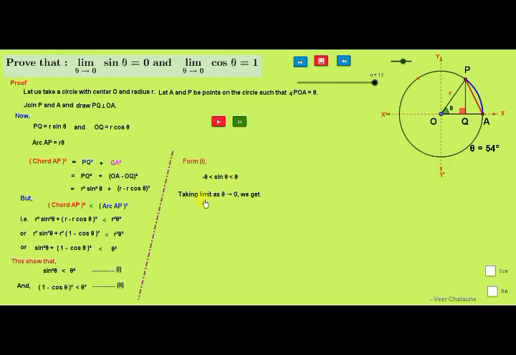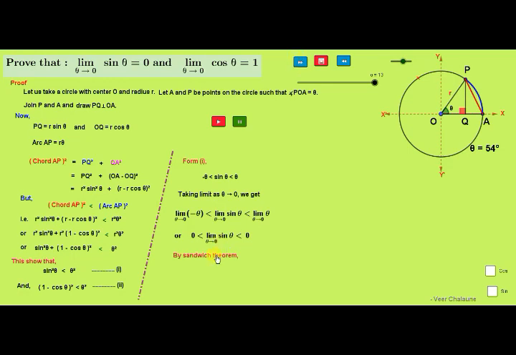And taking the limit as theta tends to 0, we need to take the limit on all sides. So we get this type of relation after taking the limit as theta tends to 0. And we know that if we use the limit here, that gives us the value 0, as well as from this side also.